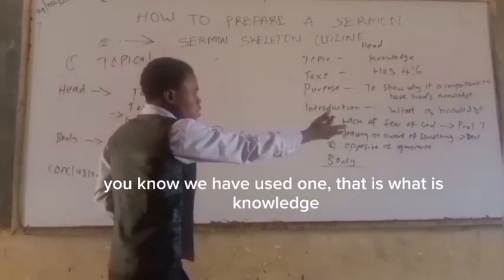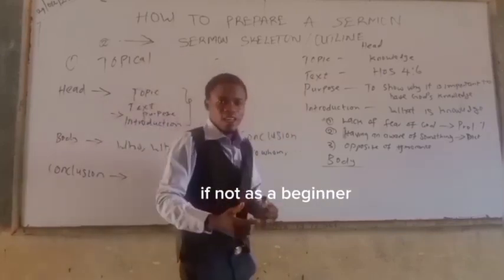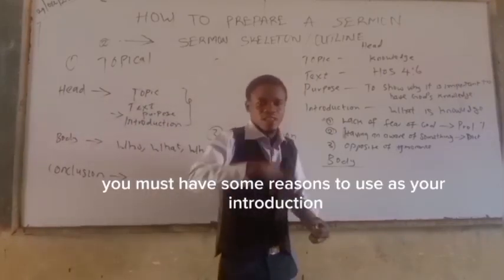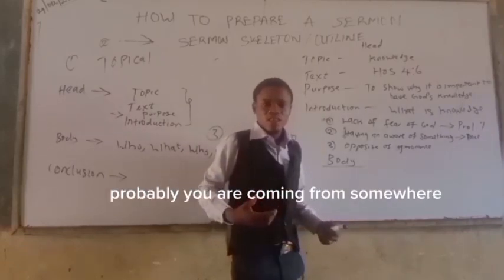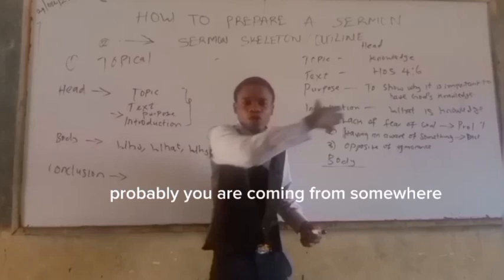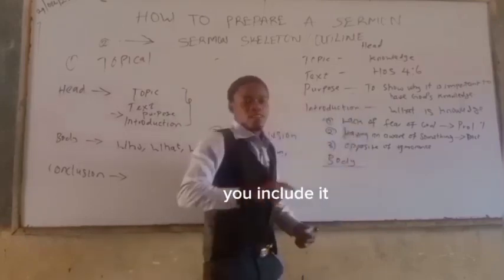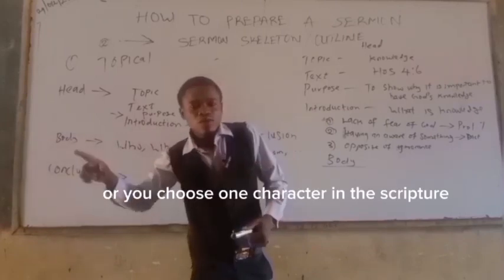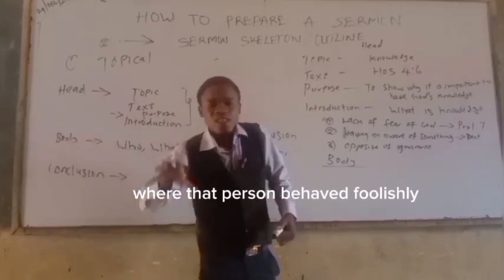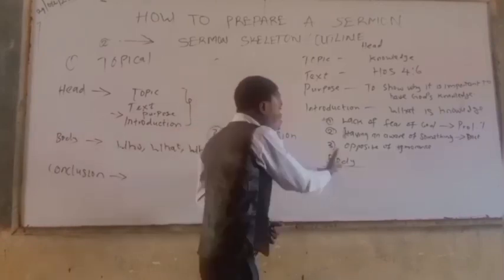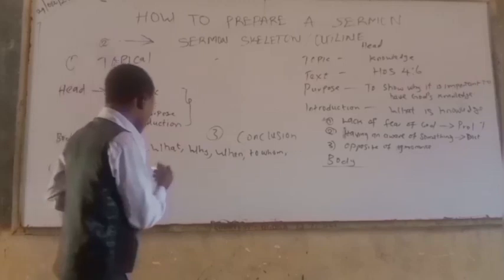That is, what is knowledge under the introduction as a beginner. If not as a beginner, you must have some reasons to use as your introduction. Probably you are coming from somewhere or something happened to somebody. You use that story, you include it. Or you choose one character in the scripture who behaved foolishly. So when it comes to the body, you are going to divide it.